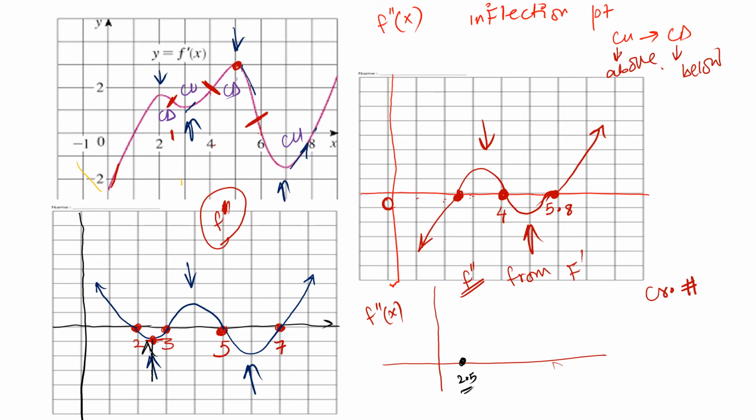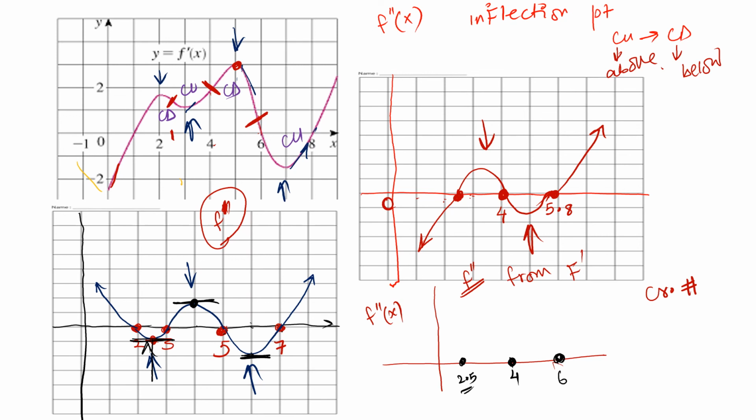Then between 3 and 5, at 4, I have a critical number, so this is my x-intercept. Then between 5 and 7, somewhere at 6, I also have a critical number. So here the slope is 0, here the slope is 0, and here the slope is 0.